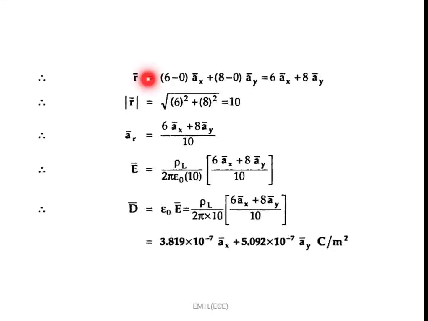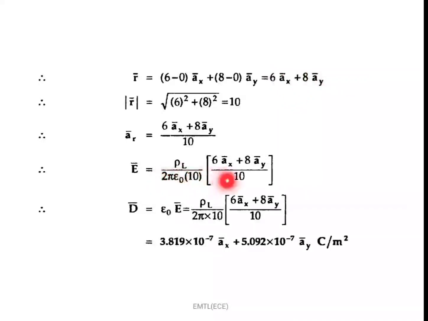So R bar is simply 6 AX bar plus 8 AY bar, and the magnitude of R bar is square root of 6 square plus 8 square, that is square root 100, which is equal to 10. Now AR bar is equal to R bar by mod of R bar. AR bar is 6 AX bar plus 8 AY bar by 10.